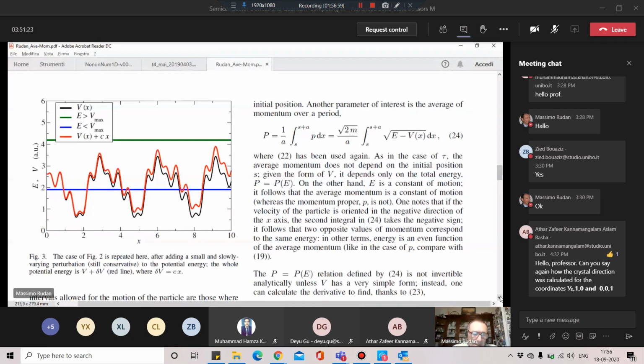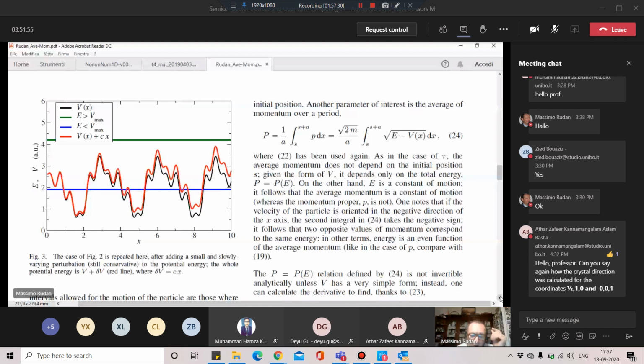Still consider the case of the green line. So the total energy, we can still define the total energy because all forces are conservative. So we have a total energy, and this total energy is a constant of motion. Okay. And then we assume that we superimpose to the periodic potential energy a small non-periodic perturbation.